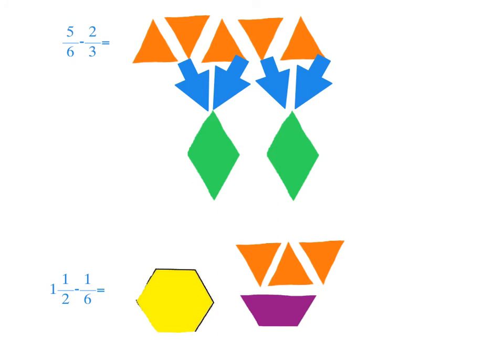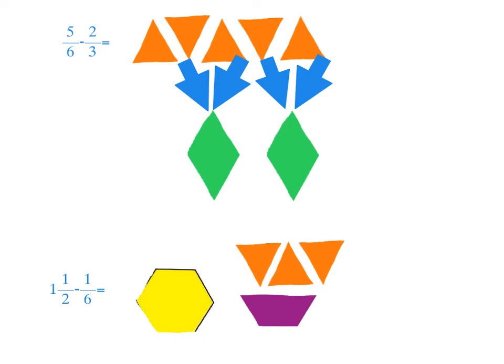We've got some different strategies that we've been using to add and subtract fractions using pattern blocks where we cover them up or we trade them. And this is an example where we're going to trade some pattern blocks. I've got 5/6 minus 2/3 again, and I know this is the same problem, but basically I'm showing you that 2 of those triangles represent 1 rhombus on each of those sides.